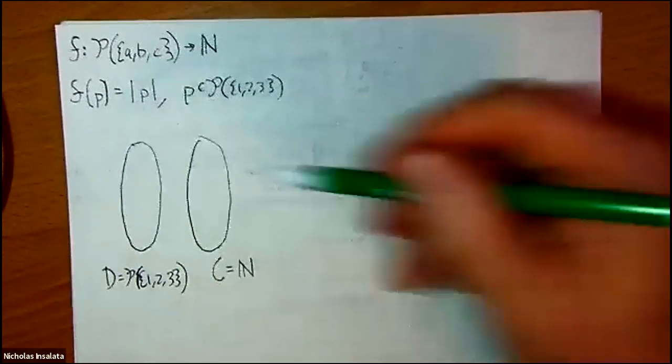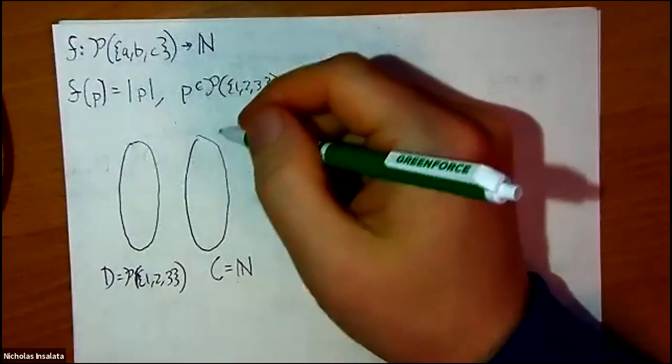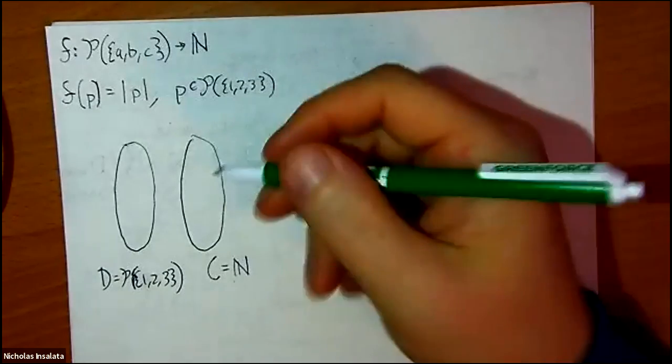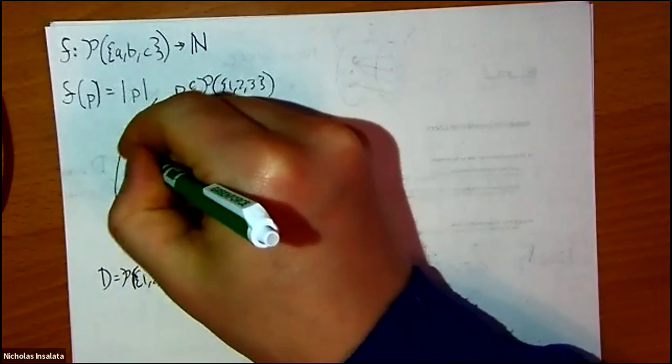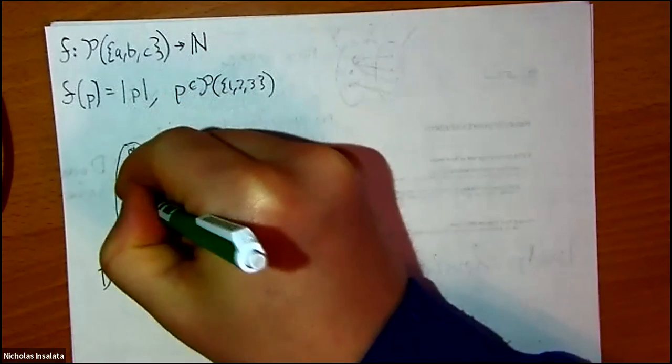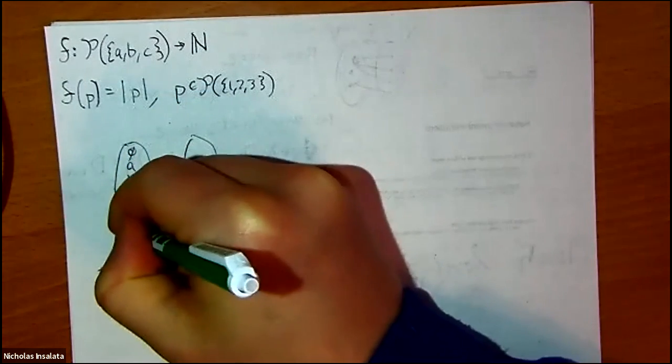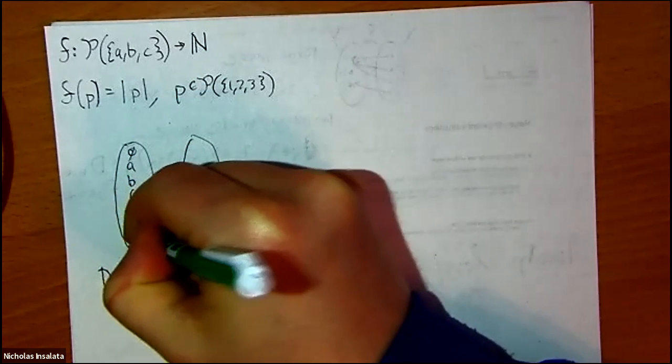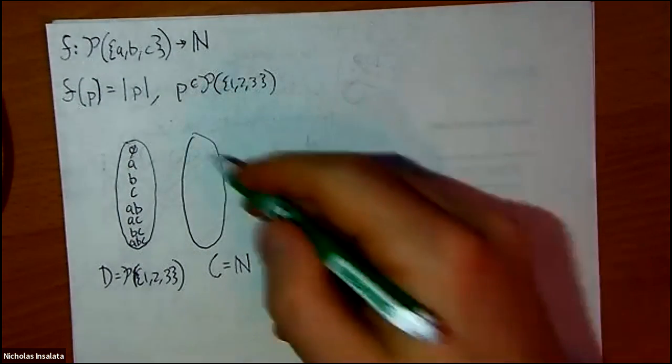Okay, so let's list these out. So what do I have here for the power set of 1, 2, 3? What are the contents of my domain? Very good. Except for 1, 2, and 3, we'll have A's and B's. But yeah, you got the right idea, Nathan. So we got empty, A, B, C, A B, A C, B C, and A B C. Right? Okay.